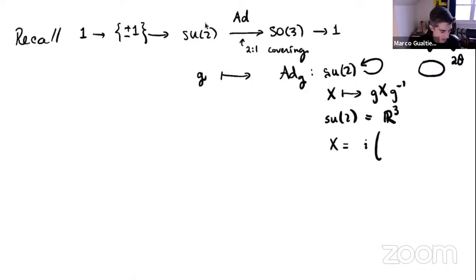Remember also that this X could be written as the matrix with entries i x3, x1 minus i x2, x1 plus i x2, and minus i x3. So it could be written in terms of a basis, and this is an obvious identification with R3. Here are x1, x2, and x3, the three coordinates.